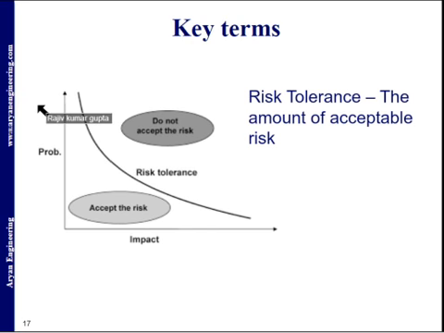You can see from our graph there is a probability and an impact, and this graph shows the risk tolerance. Below that is the accepted risk, and above this, we do not accept this risk.